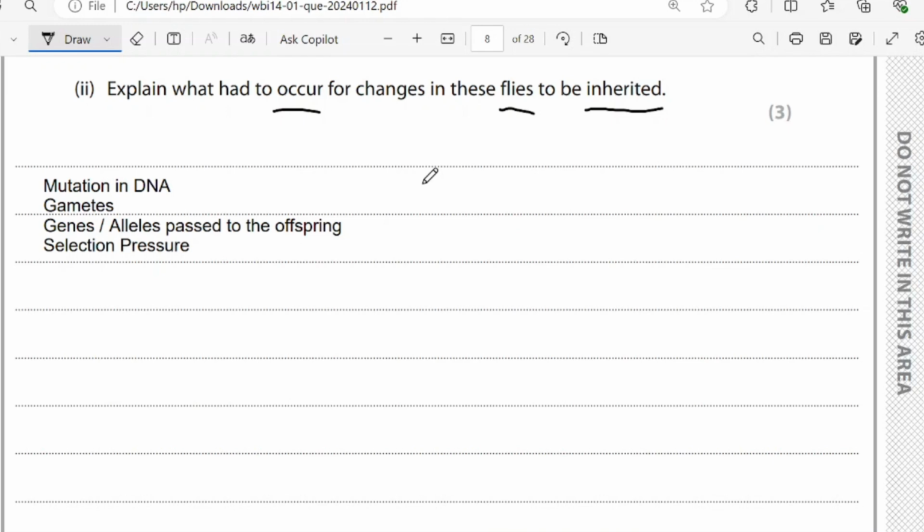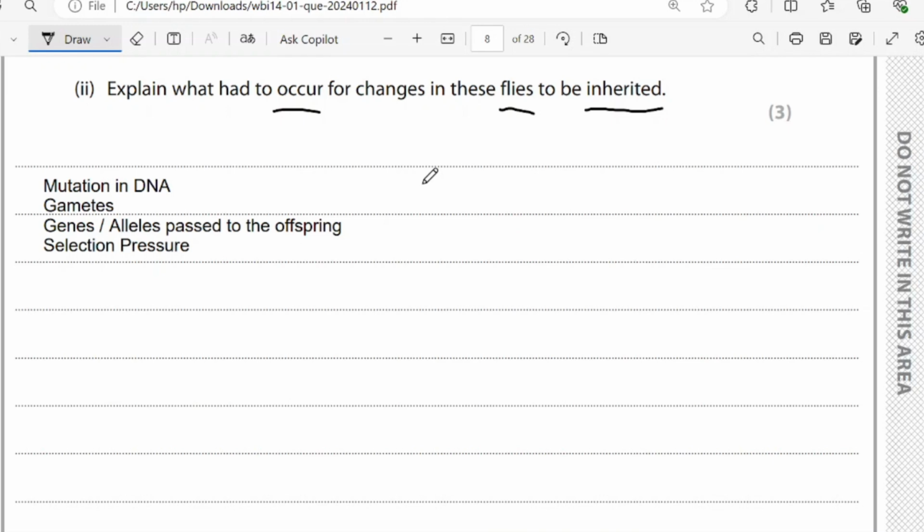So of course we have to mention that a mutation occurred in one of the genes of a fly, or you can say in an allele of the fly, and they had a selection advantage due to that, because they're getting to eat a different fruit, they're getting to eat apple and lay eggs in apple, and as a result there's less competition. So there's a selection advantage, and that's why the allele or the genes were passed on.